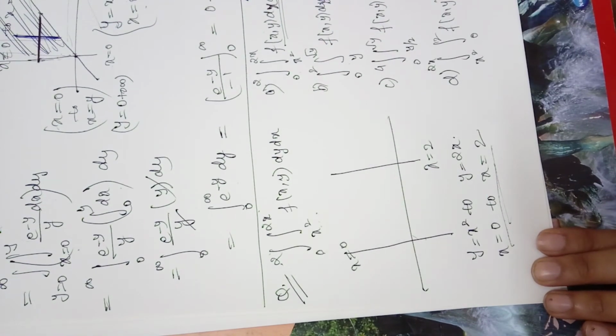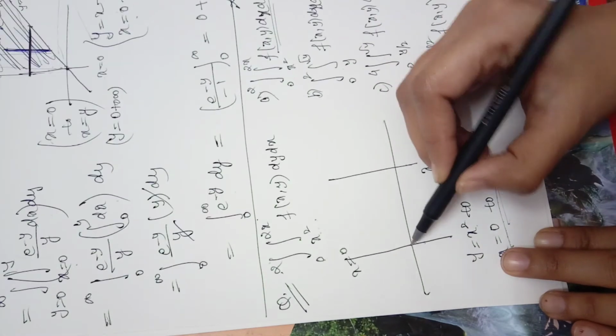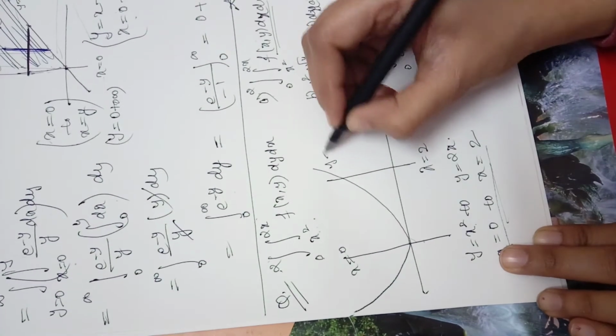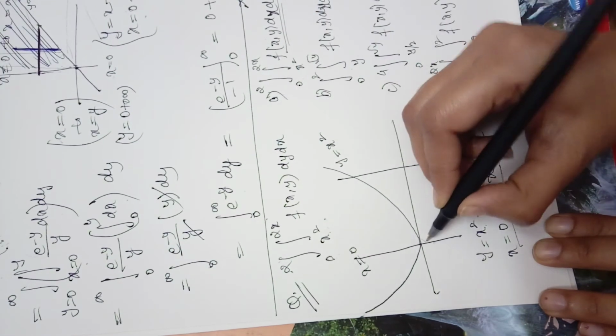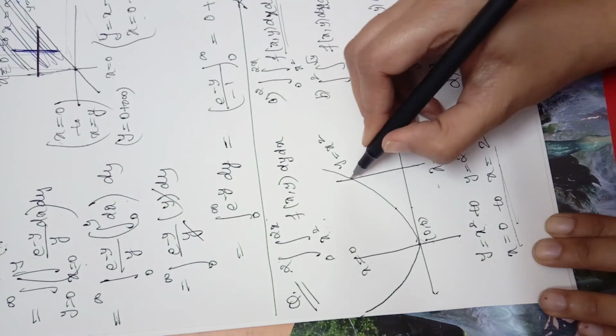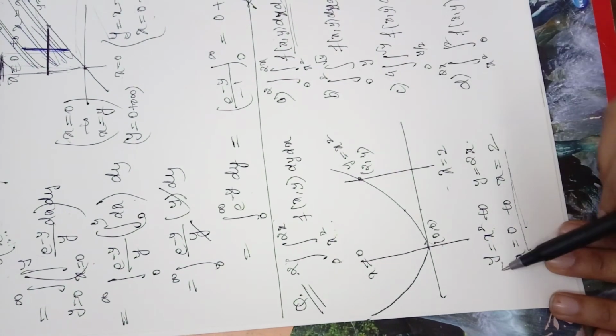This is very easy. Now y equal to x square, just like the previous question we did, goes in this fashion on both sides. You can also just put the values of x and find out the plot. For 0 it will be 0, 0, for 1 it will be 1, 1, for 2 it will be 2, 4. So this is the point 2, 4. Fine, so we have got y equal to x square.